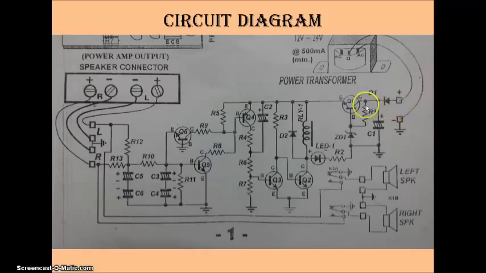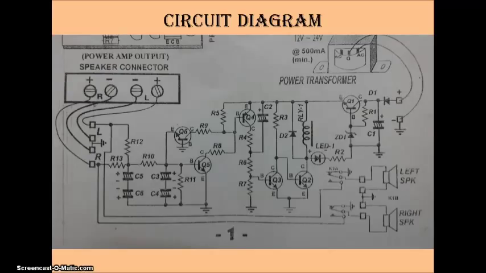Its function is to make sure the input power entering this circuit is what is needed by this circuit. So this transistor makes sure the voltage entering the circuit is the right voltage for the circuit to operate.